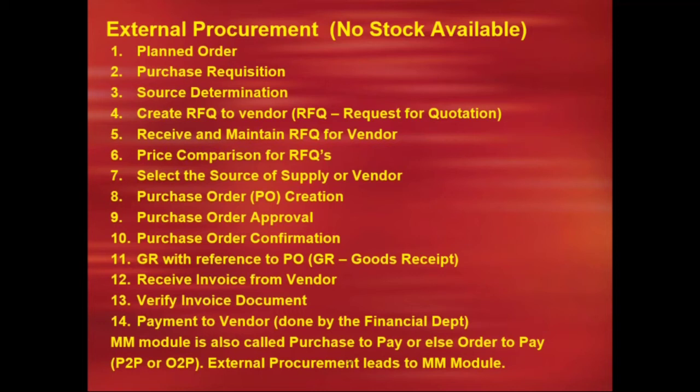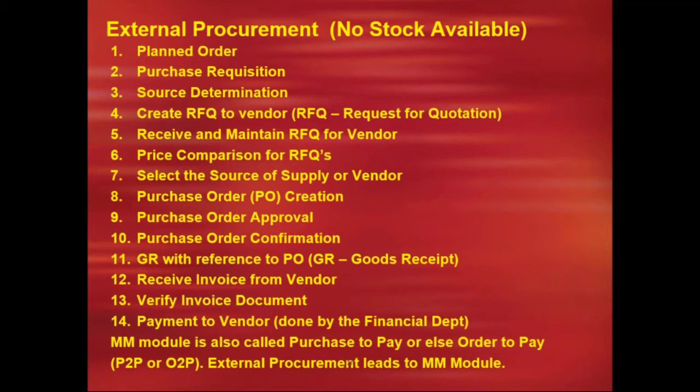Then what is the company going to do? The company will go for planning, and the order is called a planned order. So here no stock available means the company doesn't have the stocks of the raw material.